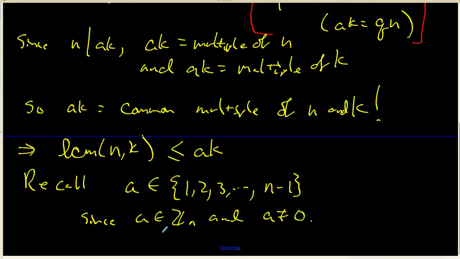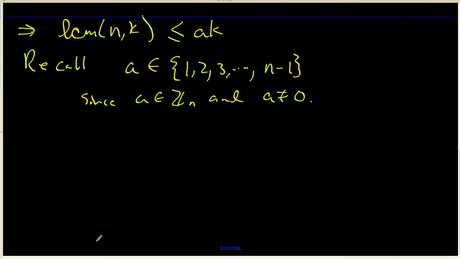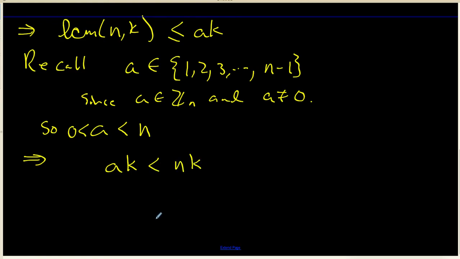So what this says is that a is clearly less than n, and it's clearly bigger than 0. And if I think about that, what that says is that ak is less than nk.